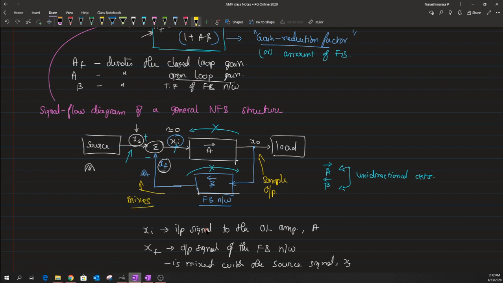Whenever I say sample, I am talking about the path from the output of the open loop amplifier to the input of the feedback network, and whenever I talk about mixing, it is the mixture of both the input source component and the feedback signal component, and that is what we really mean by mixing.